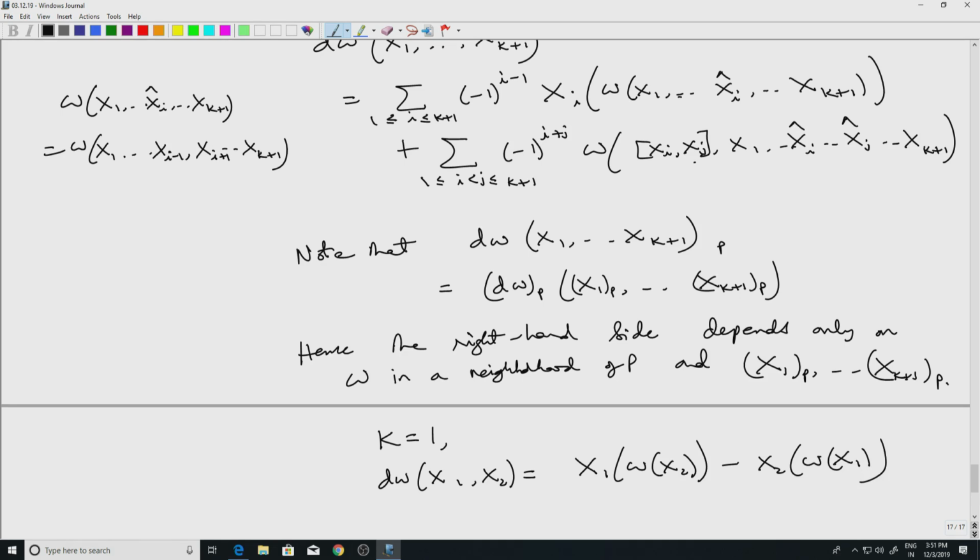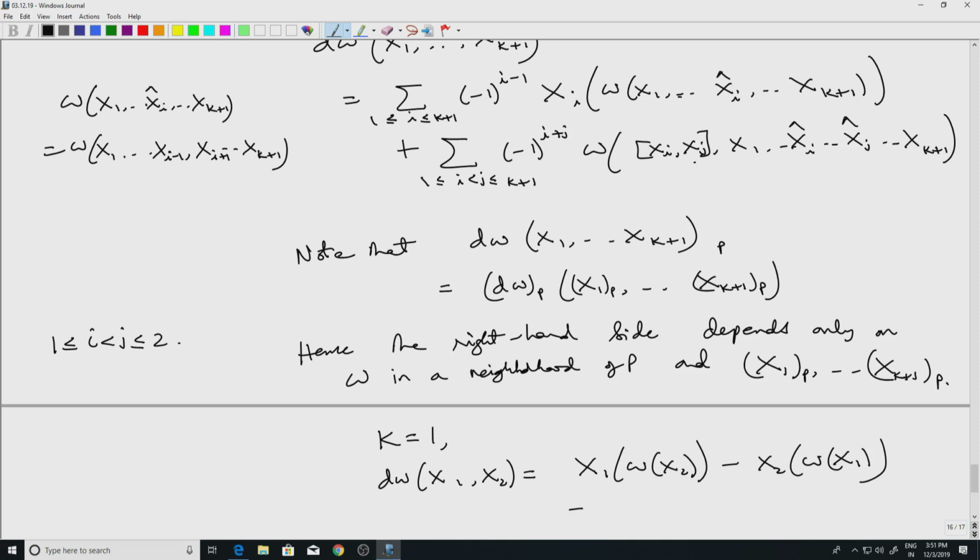and then here I'll get i plus j, both of them. So here, 1 less than or equal to i less than j less than or equal to 2. So there are only two possibilities, i equal to 1, j equals 2 in this.